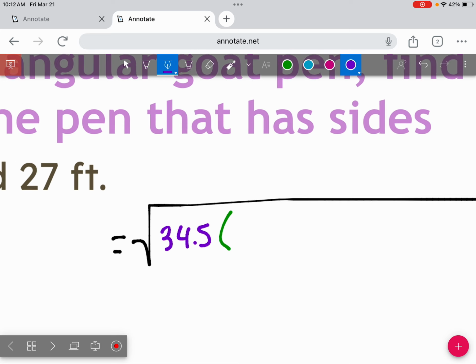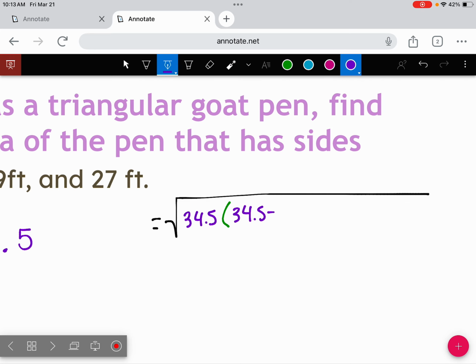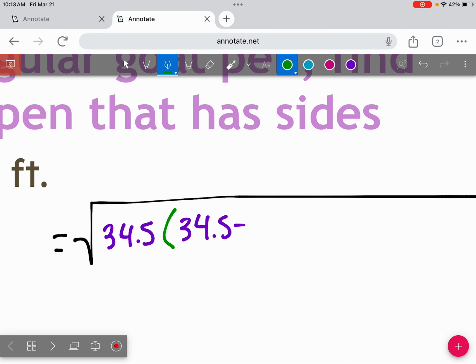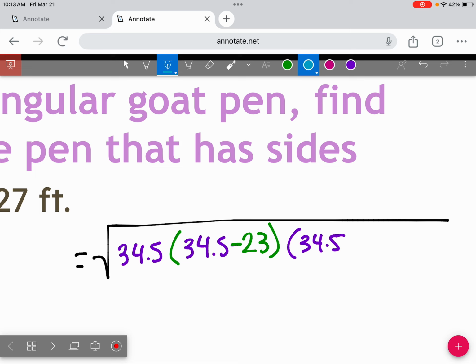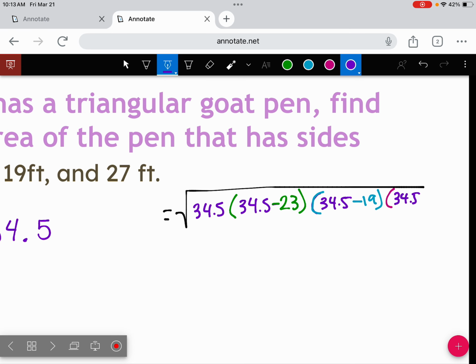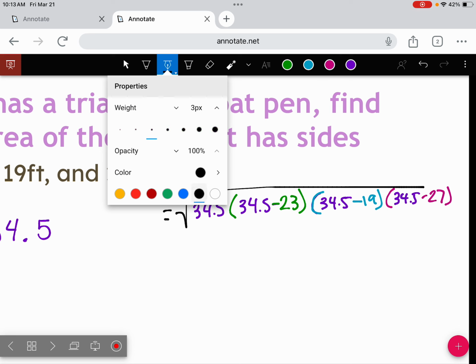So we're going to have our 34.5 minus our 23, 34.5 and the 19, and then our 34.5 and the 27. I know you guys are probably way ahead of me, but I'm just trying to write everything down.